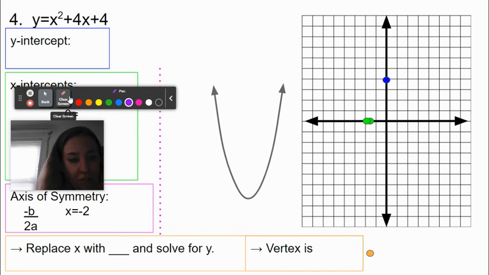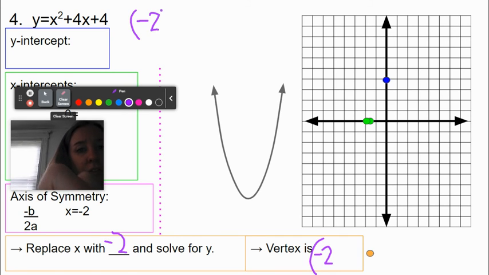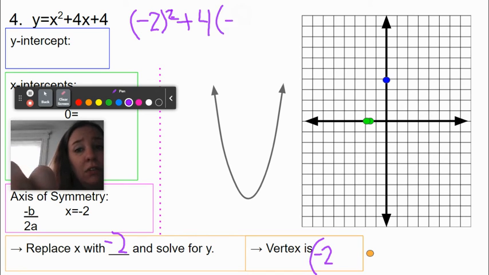Okay, and from a previous video, I know that x is -2. So my vertex is going to be -2 something. Let's find out what. -2 squared plus 4 times -2 plus 4.